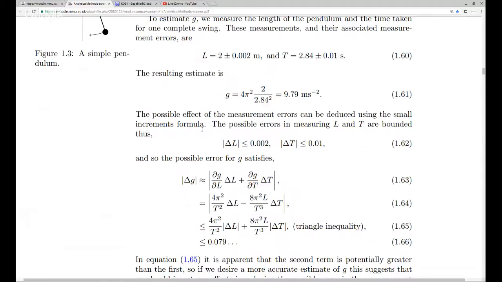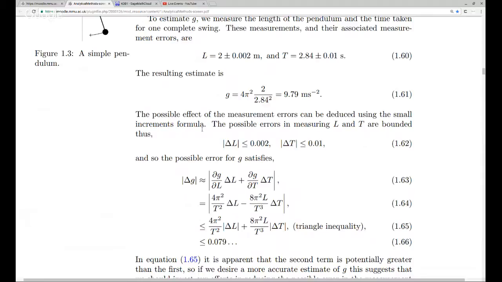And then here we're using the triangle inequality. Remember the triangle inequality from last year? Applied to real numbers, it says that whenever you add two real numbers x and y, they could be negative, it's always less than or equal to the absolute value of x plus the absolute value of y. So this is the triangle inequality for real numbers. It's much more general, applies to certain kinds of vector spaces and so on.